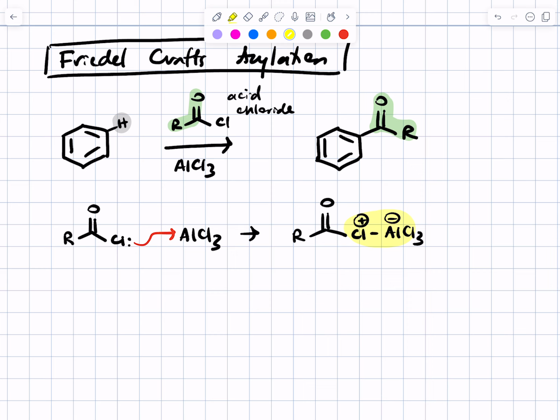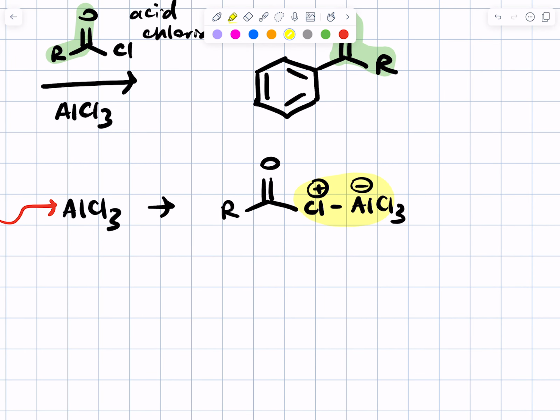Now, it turns out that is such a good leaving group, it's now in fact a neutral leaving group, that a neutral oxygen can kick it off. We've talked about neutral oxygens kicking off neutral leaving groups before.